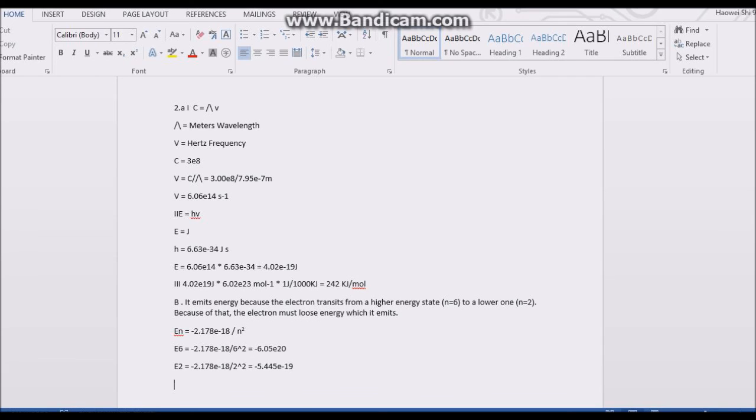So we subtract E2 with E6, which rounds out to the total energy emitted, which I'm currently calculating right now.